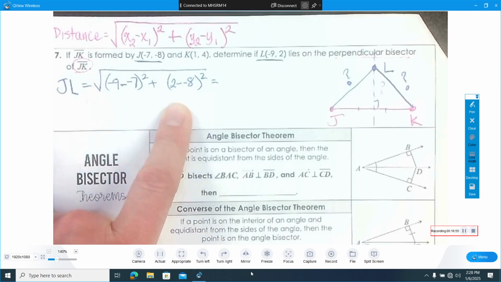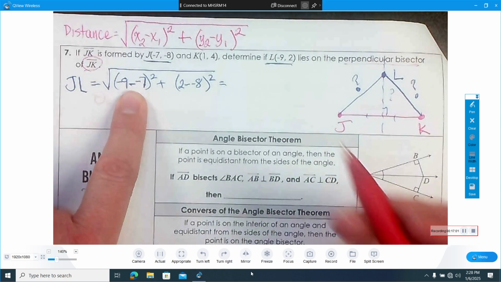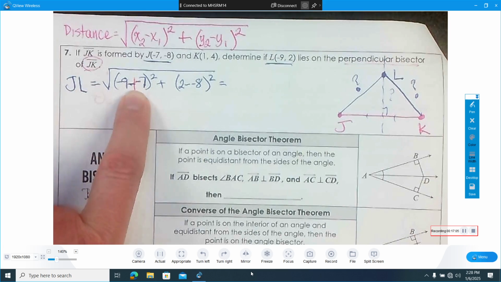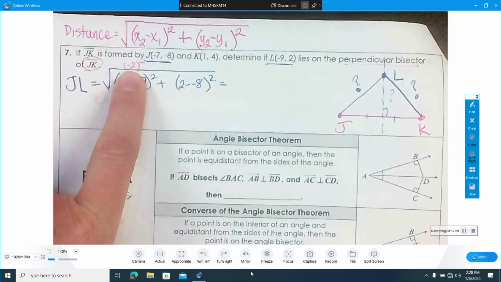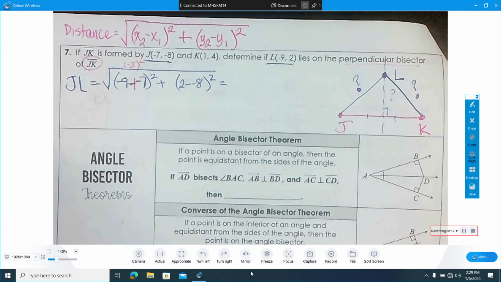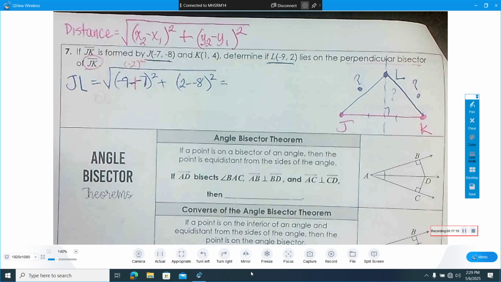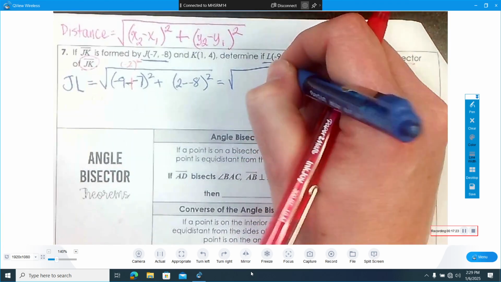Very good. Okay, I'm going to work through this a little bit. -9 minus a negative is really plus. Good. What is -9 plus 7? -2. So this becomes -2 quantity squared. What is -2 quantity squared? +4. Very good. -2 times -2 is always going to give us a positive result.